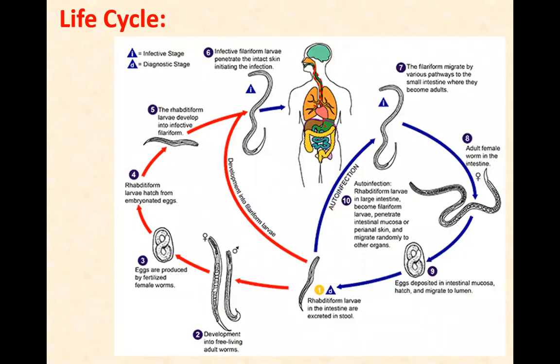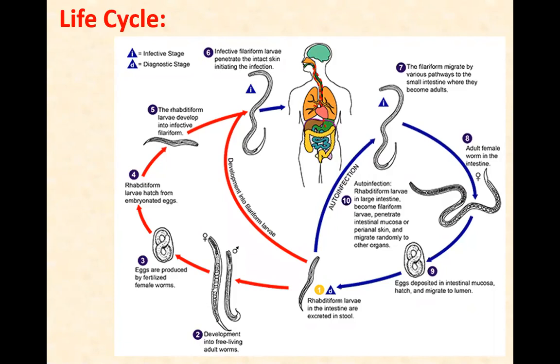Talking about the life cycle of Strongyloides stercoralis, there are two types of life cycle in Strongyloides. In one type of cycle, called the free living cycle, the male and female worms live in tunnels in the mucosa of the small intestine.